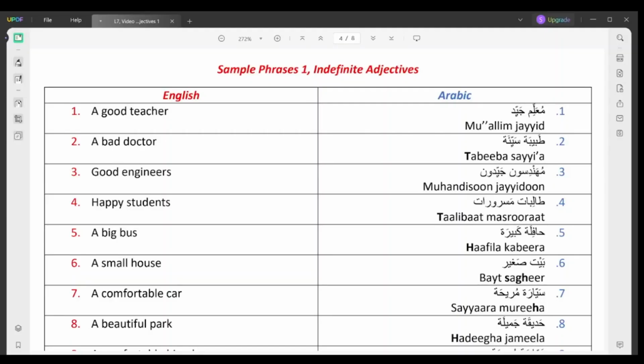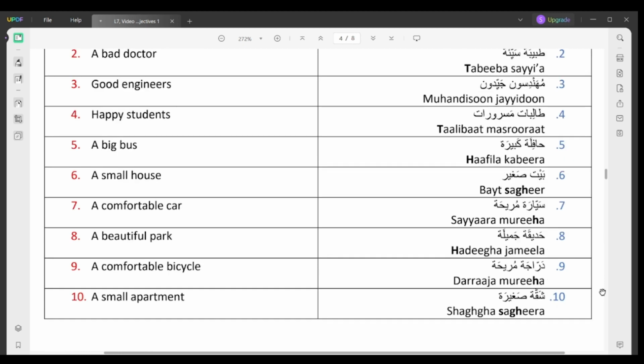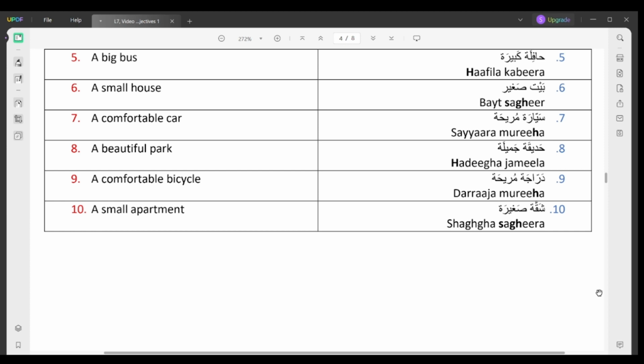Number 1, a good teacher. Number 2, a bad doctor. Number 3, good engineers. Number 4, happy students. Number 5, a big bus. Number 6, a small house.